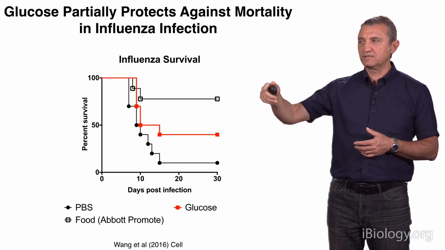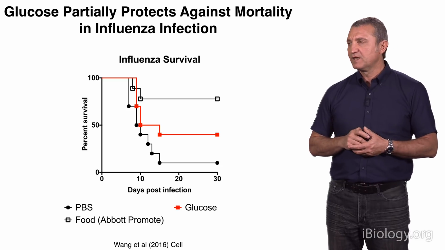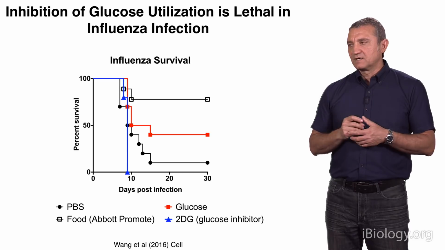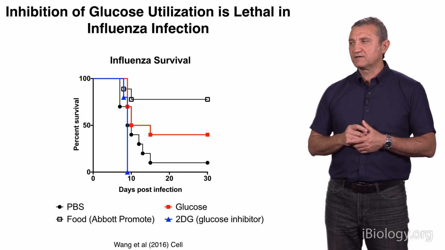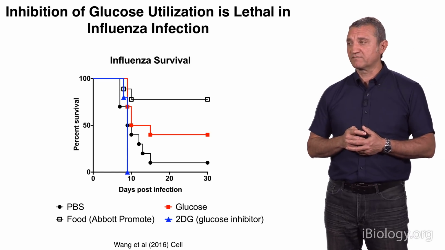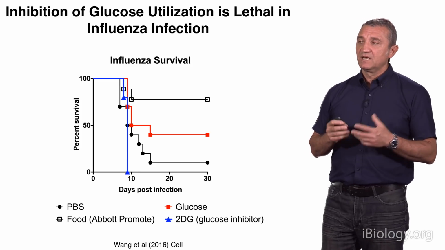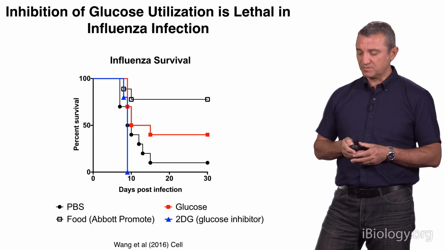And we think the rest of the protection is provided by sodium. And when we asked the converse question, what 2DG will do, we found that 2DG actually was lethal in the context of viral infection, as shown here in the blue line. When mice are given 2DG in the context of viral infection, they all died, 100%.